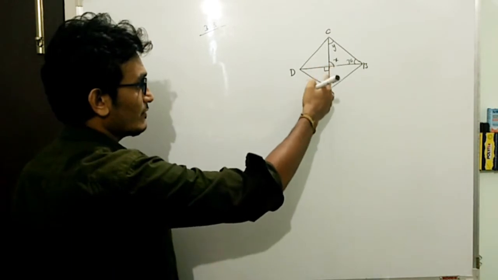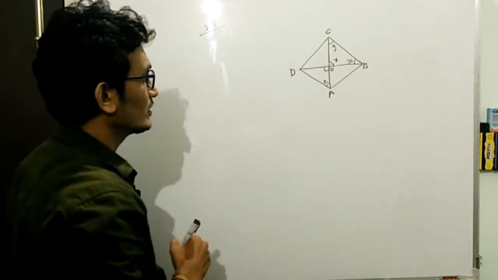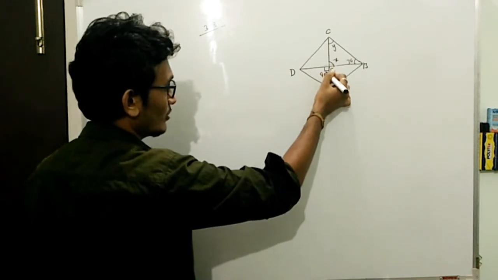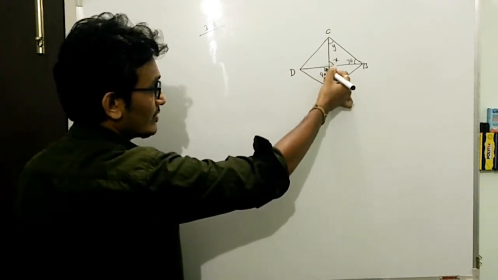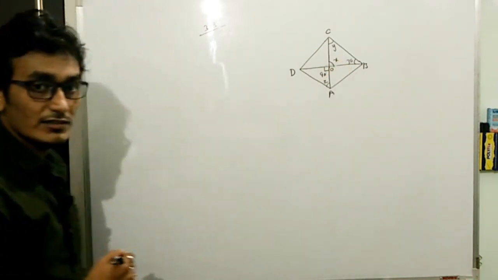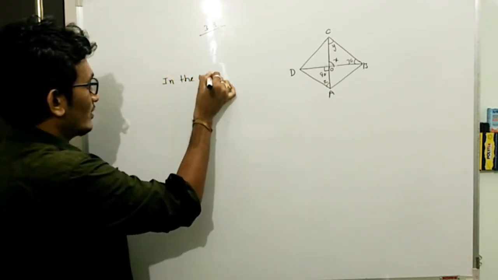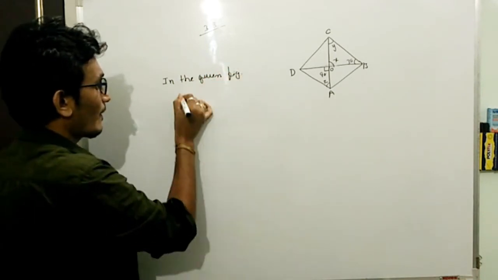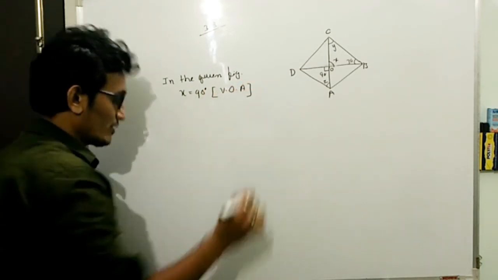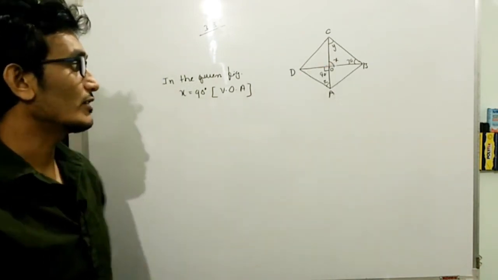AC and BD are the two diagonals that bisect at the point O. Angle AOD is 90 degree because this is the symbol of a 90 degree angle. So obviously X is also 90 degree because these two angles are vertically opposite angles, and vertically opposite angles are equal.